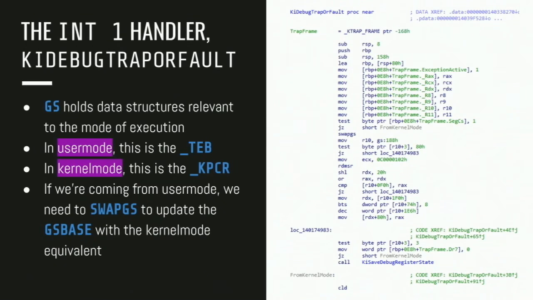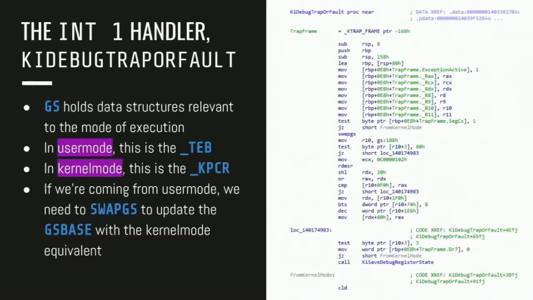In user mode, your GS base is your thread environment block. If you've done any Windows programming, you know that to be true for 64-bit Windows. In kernel mode, it's not the thread environment block, it's your processor control region. It's whatever you're executing under. So if you've entered this interrupt handler from user mode, you need to swap to a kernel GS.